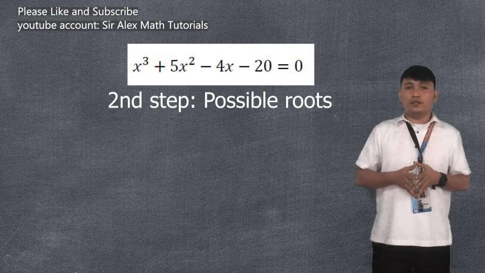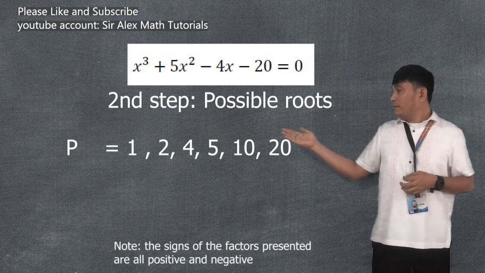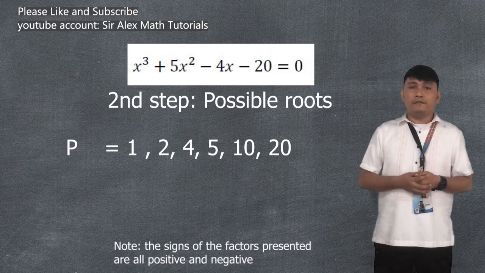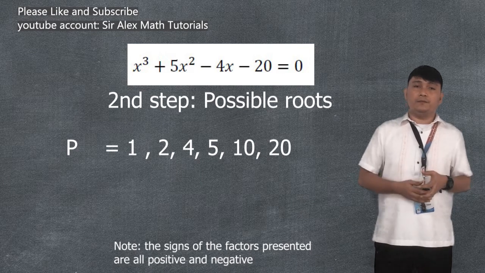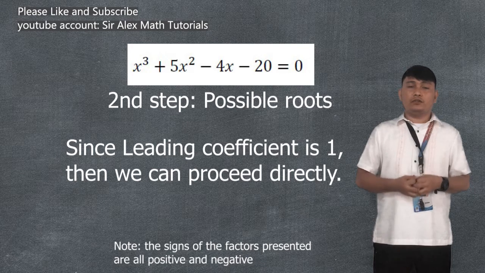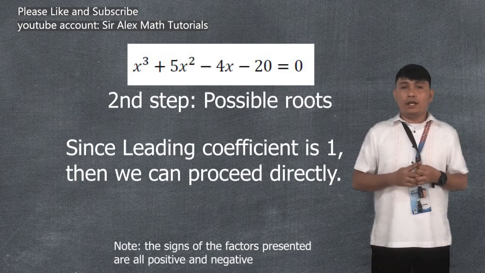So what are now the factors of negative 20? The factors are positive negative 1, positive negative 2, positive negative 4, positive negative 5, positive negative 10, and positive negative 20. Since our q, or the factors of our leading coefficient, is just 1, we will now proceed.